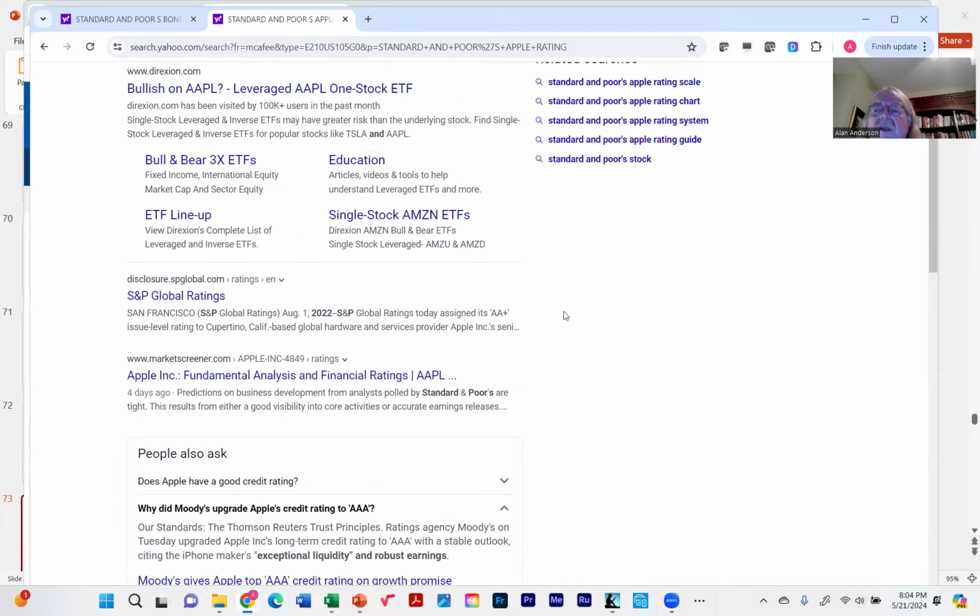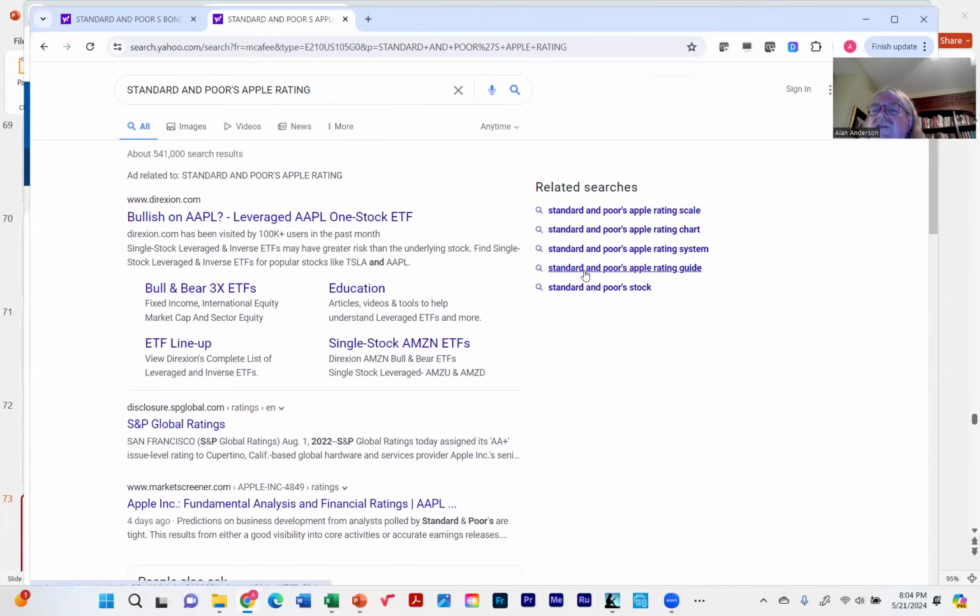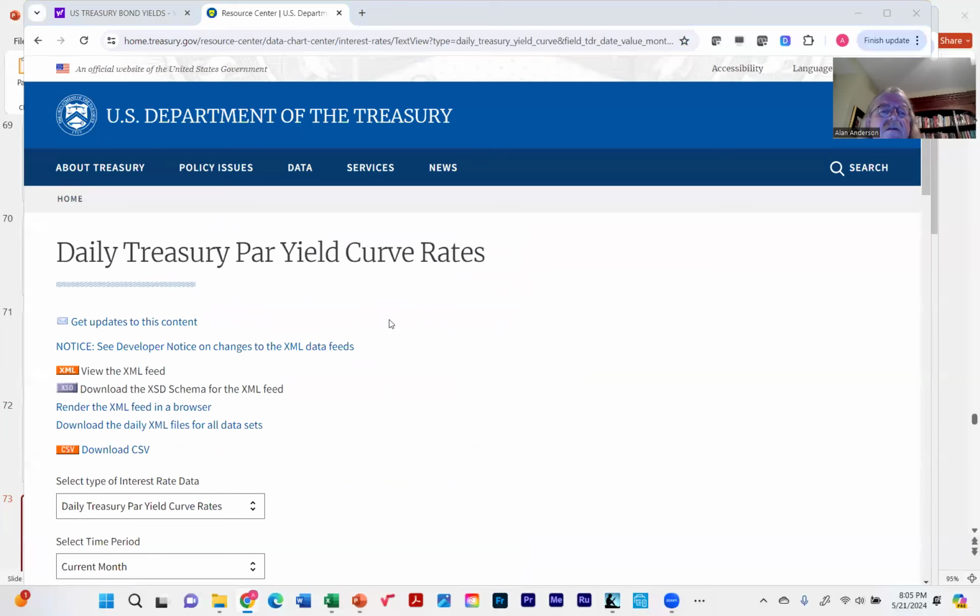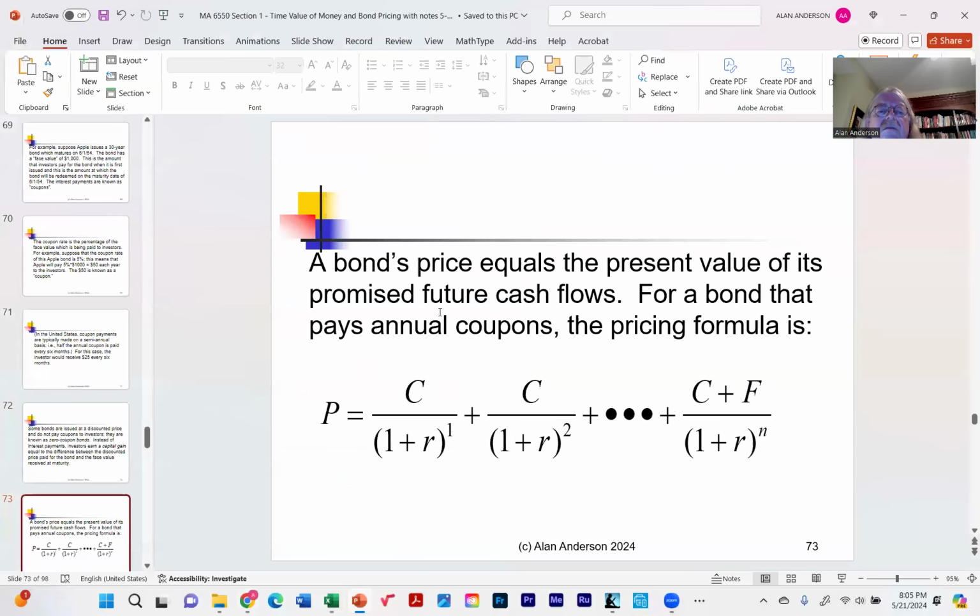S&P assigned AA plus, which is one level below the best. AAA is the best, AA plus is second best, to Apple. Okay, so if you buy an Apple bond, the chances of the company going bankrupt are very, very remote. So you can be pretty confident that you're going to get the money that you were promised.